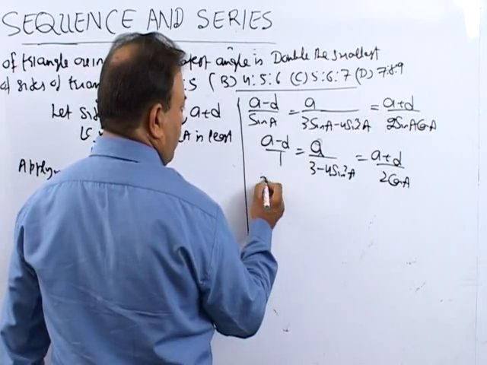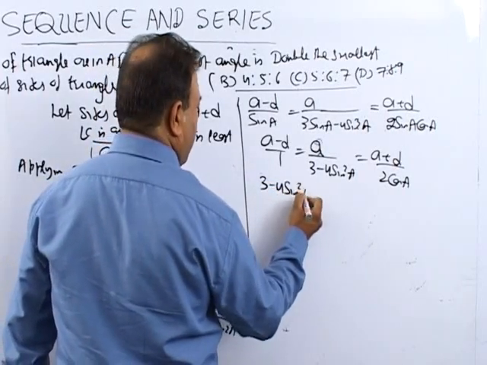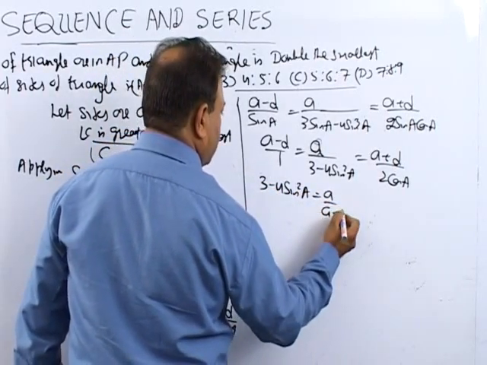It is 3 minus 4 sine square A is equal to a upon a minus d.